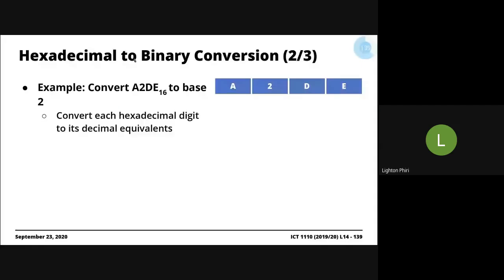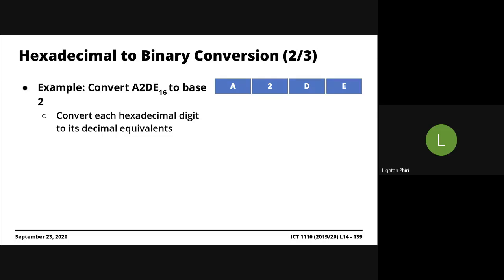so what we're saying is the rules are simple, right? First step, when you have a hexadecimal number, like A2DE, even if it was 22 in hexadecimal, is you lay out the hexadecimal symbols one after the other as they appear left to right. The next step is you convert each individual hexadecimal symbol into its equivalent decimal symbol.